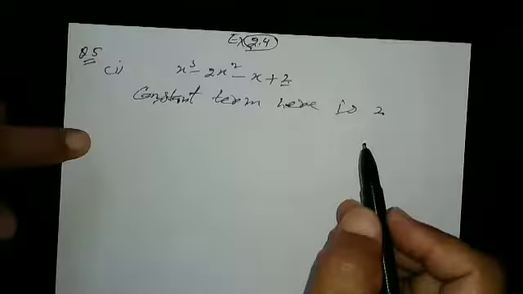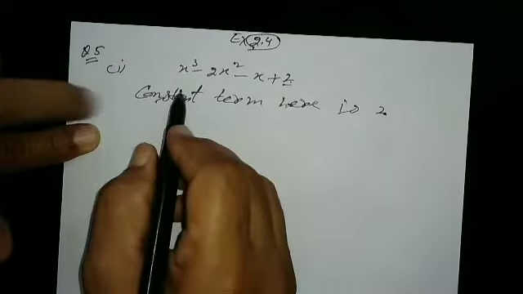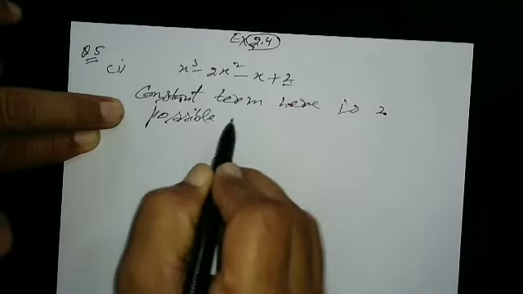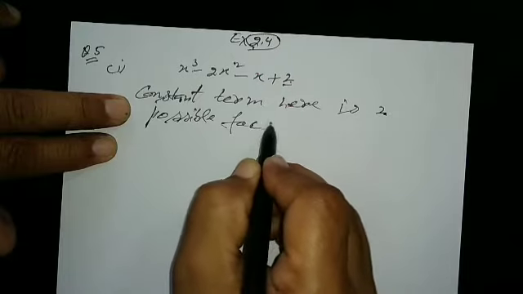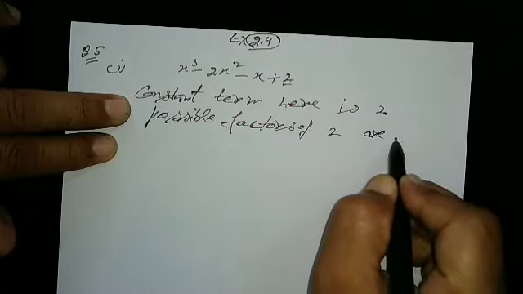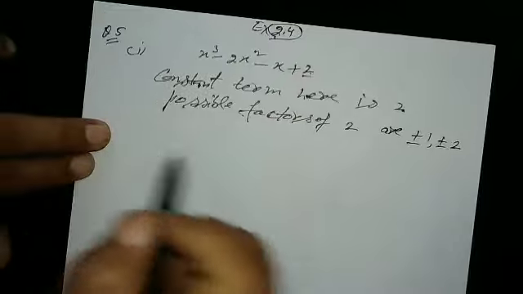So the constant term here is 2, and possible factors of 2 are plus minus 1 and plus minus 2, right?